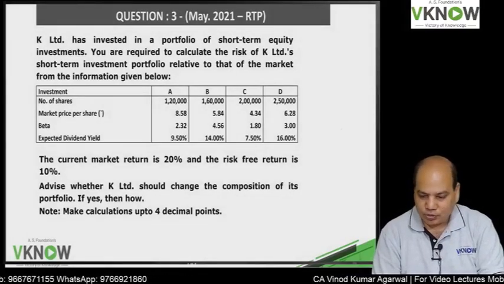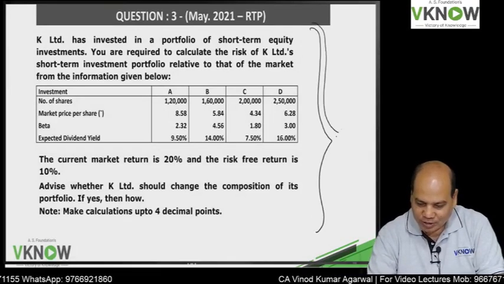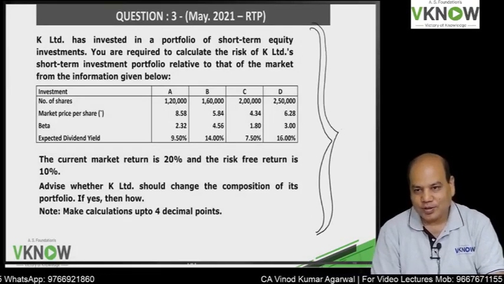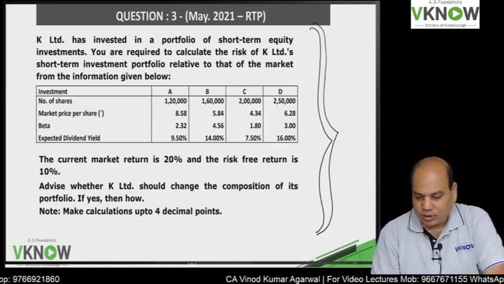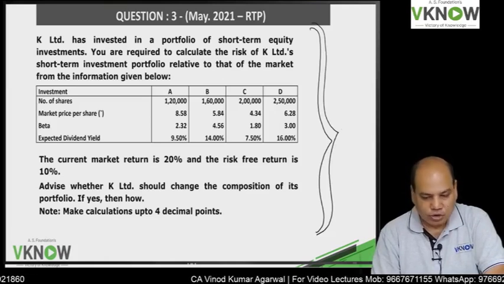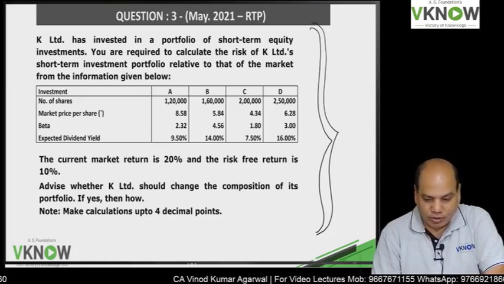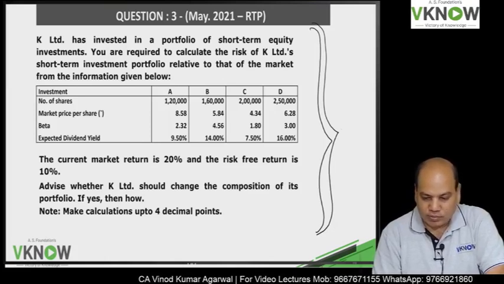K Limited, this question they have repeated many times in the RTP, MTP and past exams. So, a possible question in the exam. Question number 3. K Limited has invested in a portfolio of short-term equity investment.